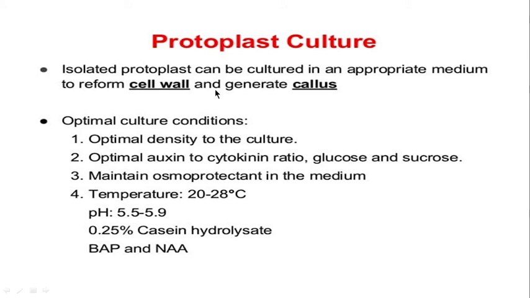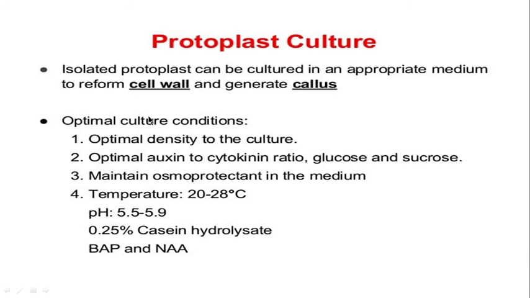After placing that protoplast in hypertonic solution, then it is placed in a culture medium aseptically. When it is placed in a culture medium, it will start growing. It will reform the cell wall. Reformation of cell wall will take place, and it will be converted into the callus.